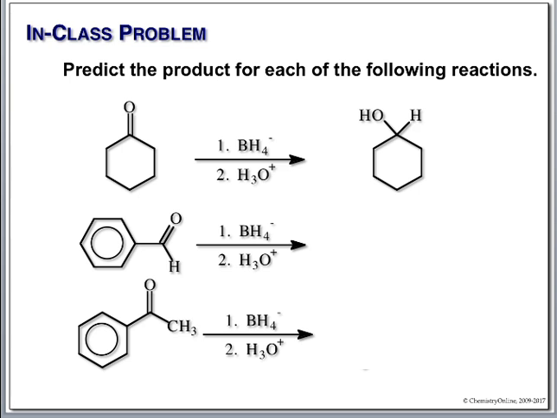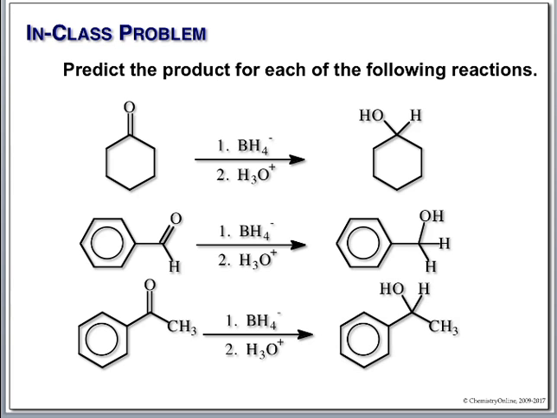Benzaldehyde with borohydride, we add H- to the benzyl carbon, and we will make benzyl alcohol. This is acetophenone. Add H- to this carbon, and we will make alpha-methylbenzyl alcohol. Chapter 17 stuff, any questions?